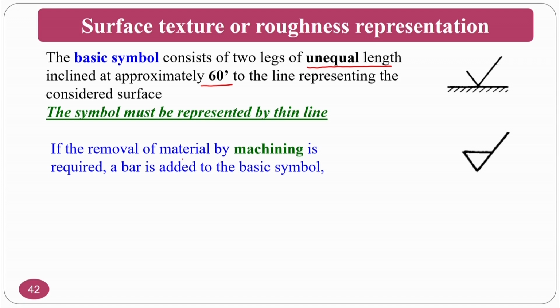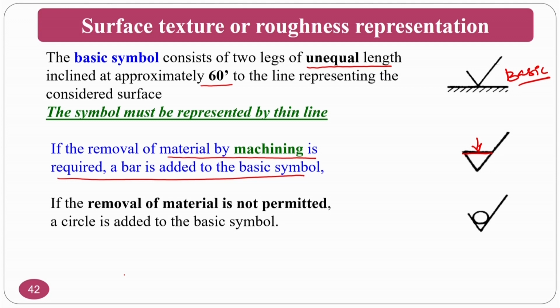If the material removal is by machining, then a required bar is added on the symbol. That means this is the basic symbol. If I want to go for machining, then you have to add a line. If material removal is not permitted, then you represent it by a circle here.